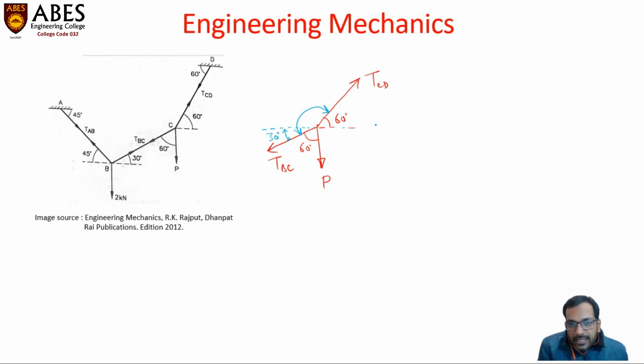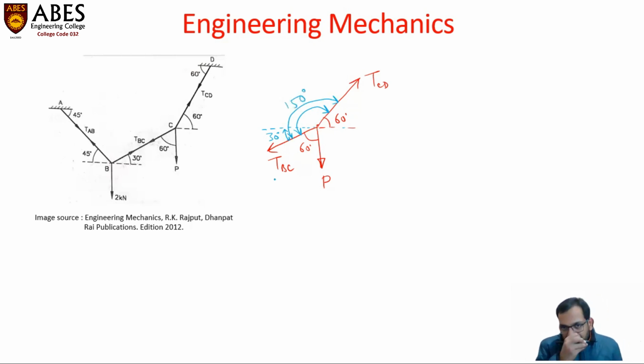This straight line indicates 180 degrees. So if this angle is 60, this obtuse angle will be 180 minus 60, that is 120 degrees. And the total angle between TBC and TCD will be 120 plus 30, that is 150 degrees.